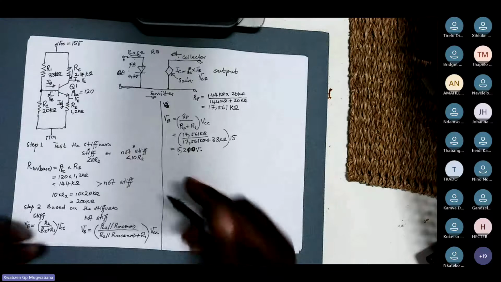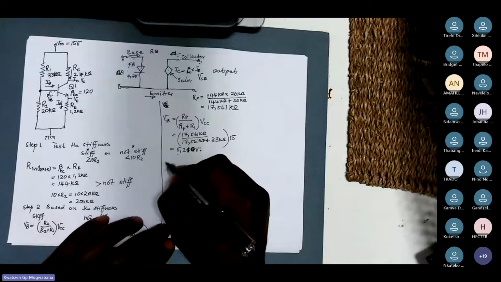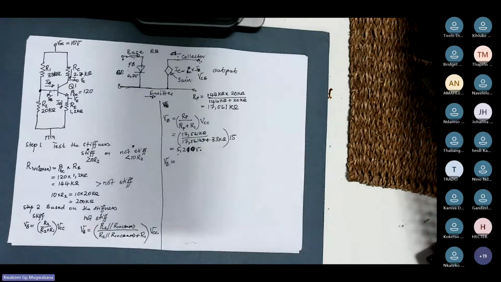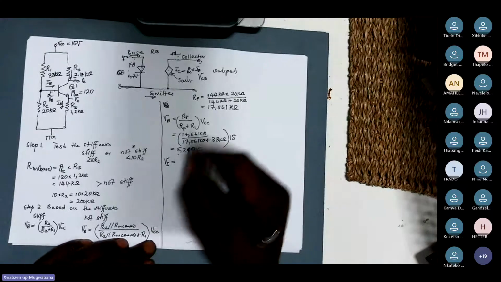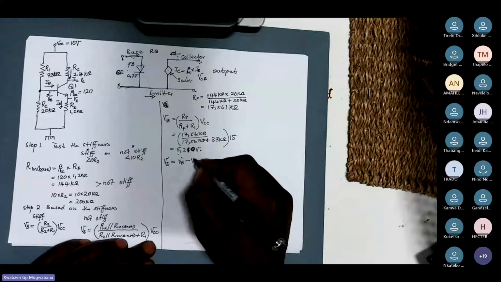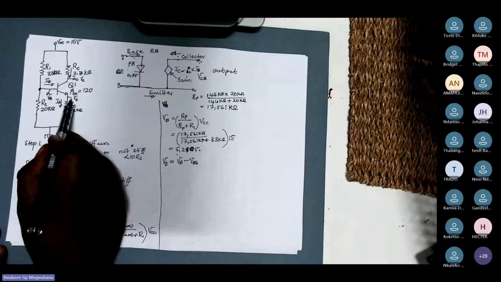For that, my VE will be given by your VB minus VBE, which is this emitter voltage.